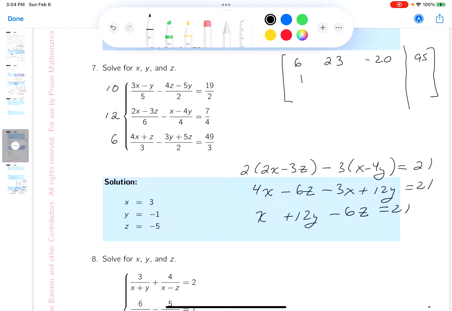And write that down for you. 1, 12, minus 6, 21. All right, I'm going to claim that's done. Let me just erase what I've done.